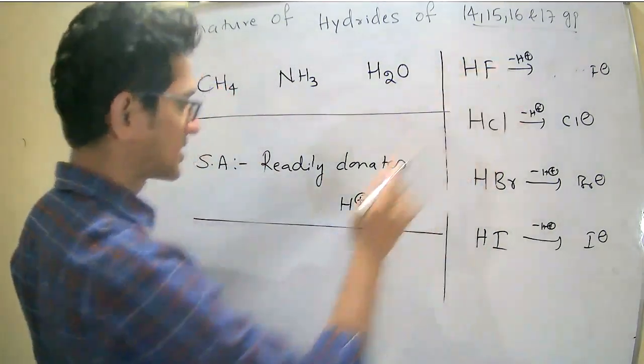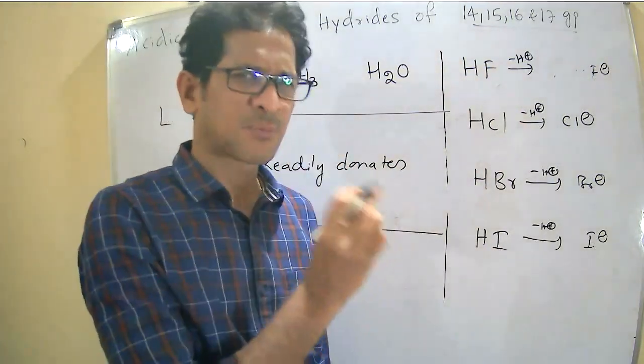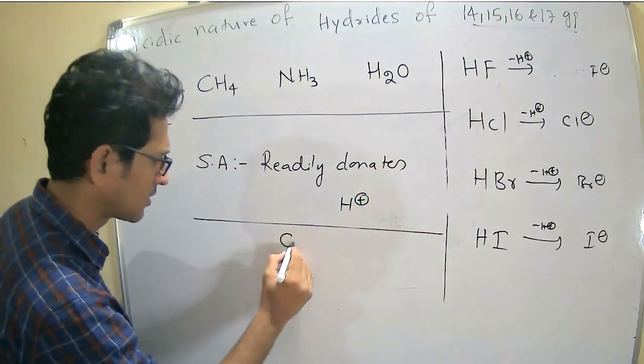Coming to HF: the size of fluorine is very small, and the size of hydrogen is also very small.